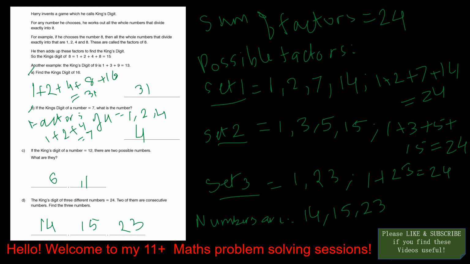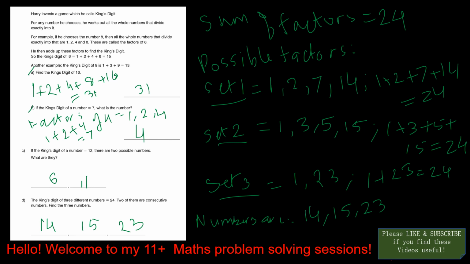So then go after that. Don't go back, it will take more time. So if you go after that, then you would get 14. So 1 plus 2 plus 7 plus 14 is 24. 1 plus 2 is 3, and 7 is 10, plus 14 is 24. So then for 24, 14 is one of the numbers.